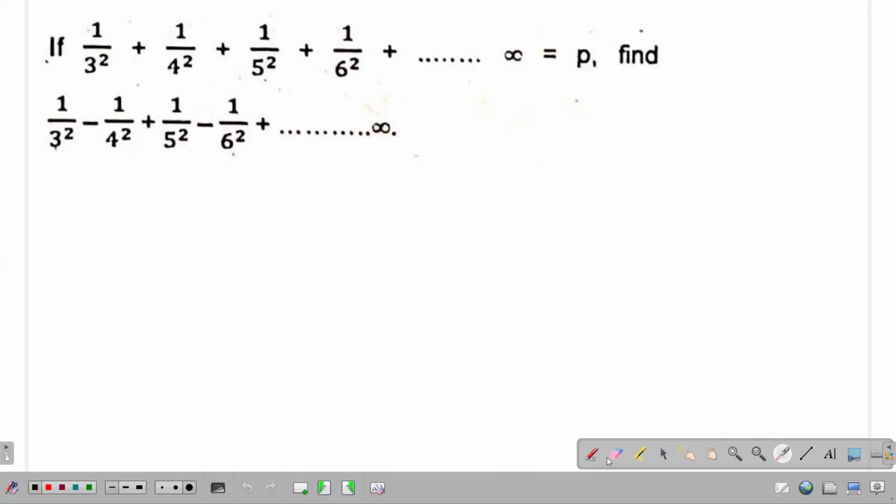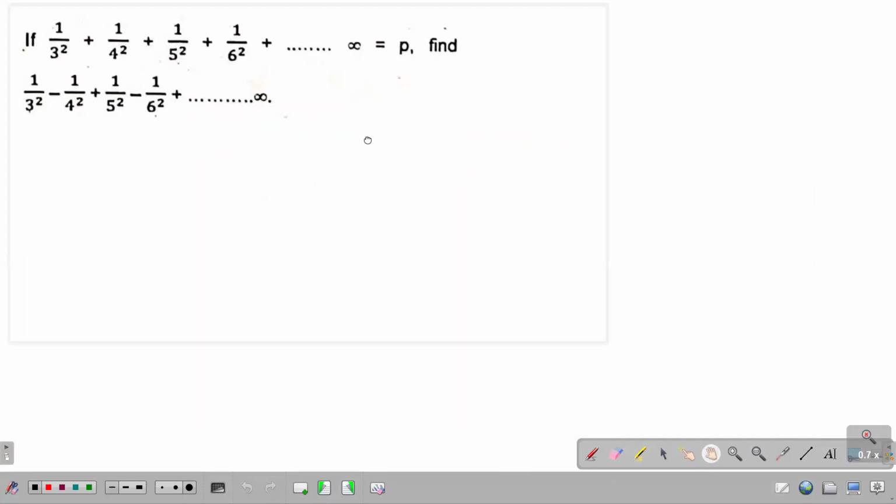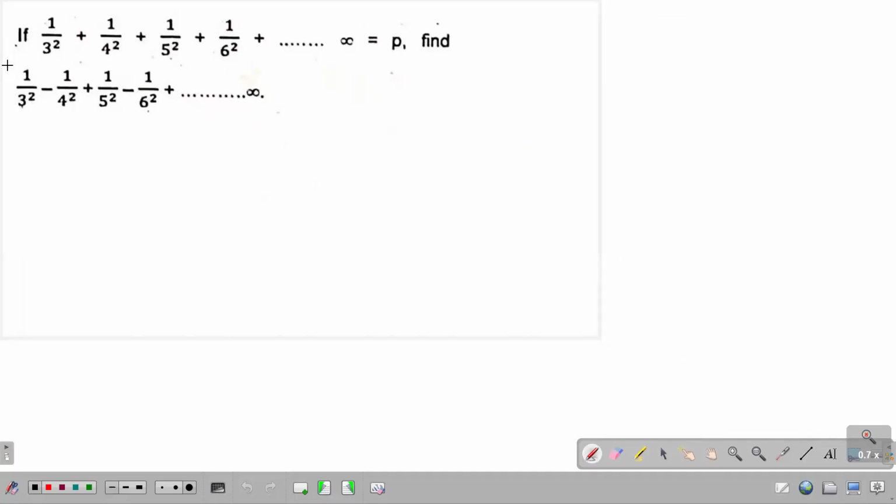Okay, so can I not rewrite? Observe closely. Can I not rewrite this 1 by 3 square minus 1 by 4 square plus 1 by 5 square minus 1 by 6 square plus etc. up to infinity? Can I not rewrite it as 1 by 3 square plus 1 by 4 square minus 2 by 4 square? What is this 1 by 4 square minus 2 by 4 square?